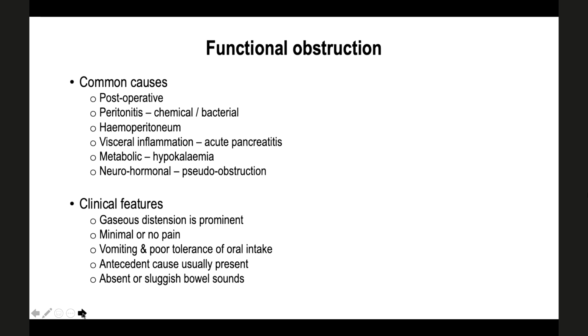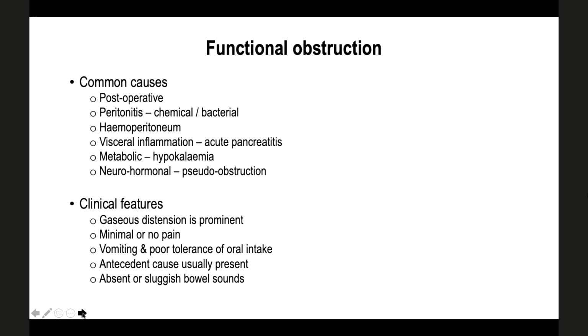So they all cause functional obstruction. Metabolic causes, especially hypokalemia, can also cause functional obstruction. And there are certain other neurohormonal conditions. You can go and read something about intestinal pseudo-obstruction. You can have obstruction in the absence of any mechanical blockage of the bowel. So go and read something about the functional causes of intestinal obstruction. Read about paralytic ileus, so that you know what's going on.